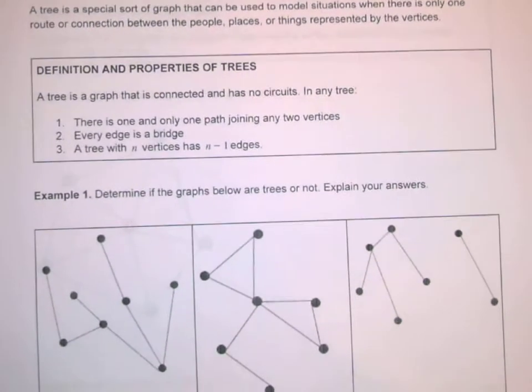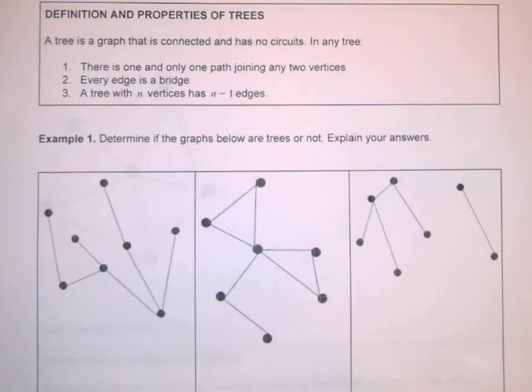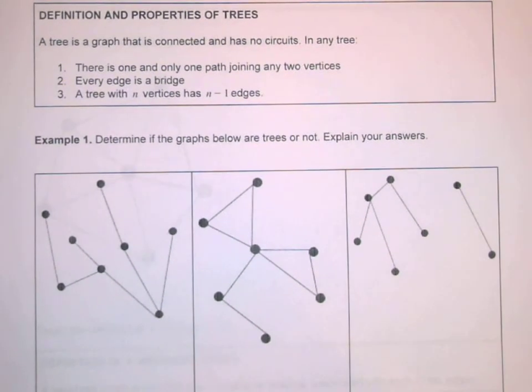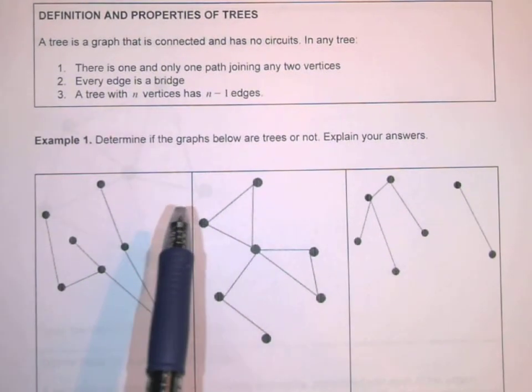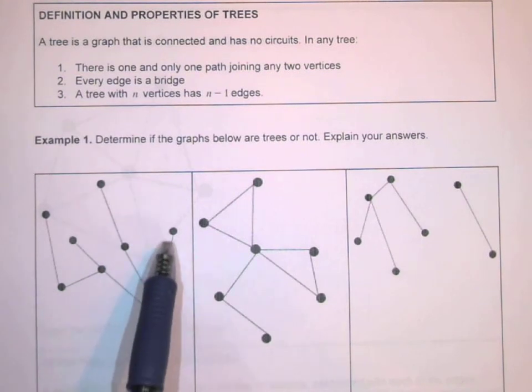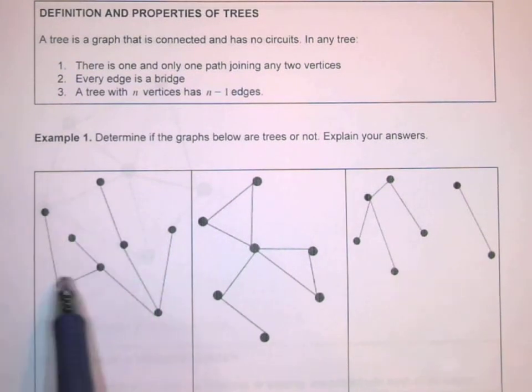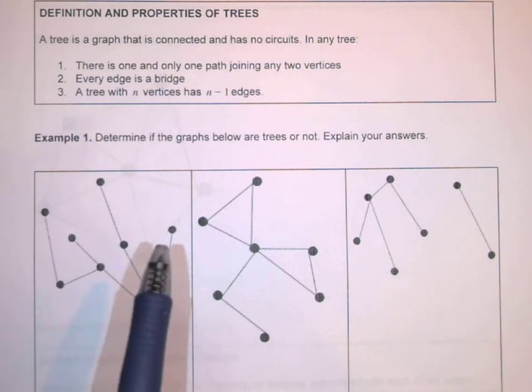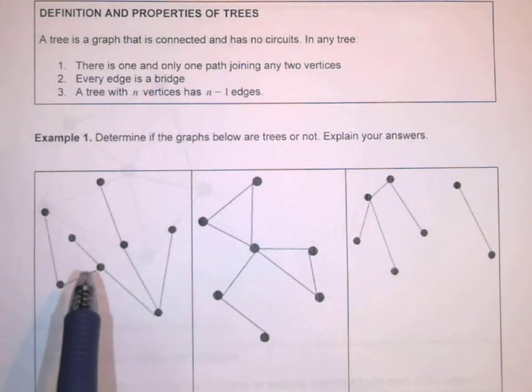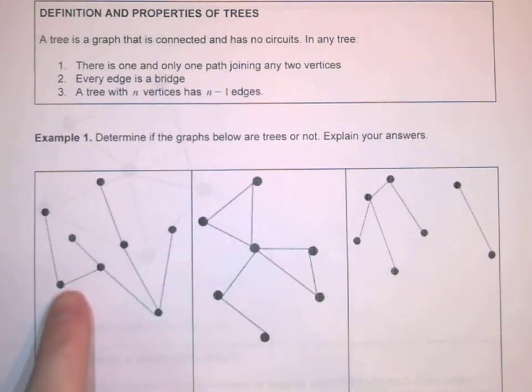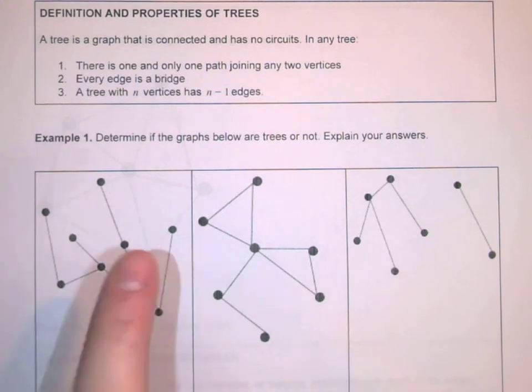So let's look at a few graphs and determine if they are trees or not. Do they meet this definition? So first we'll ask, is it connected? Yes. Does it have any circuits? No. Is every edge a bridge? Imagine taking out any of these edges.